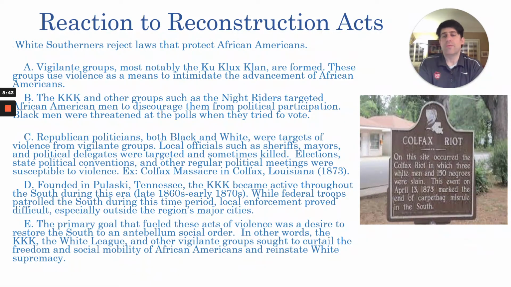When the white men of the parish found out about this, they were not happy, and a group of the Ku Klux Klan, along with the White League, another vigilante group, surrounded the courthouse. There was some shooting that took place, and as they attacked the courthouse, the African American militia inside fired back.